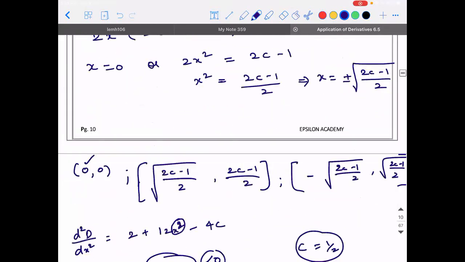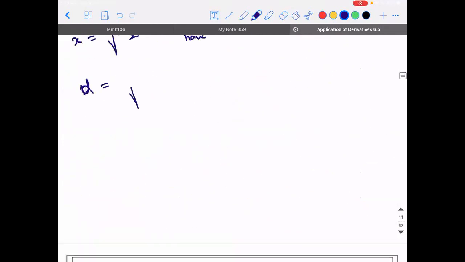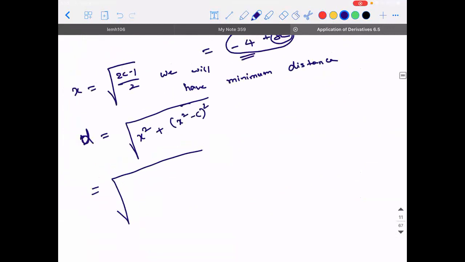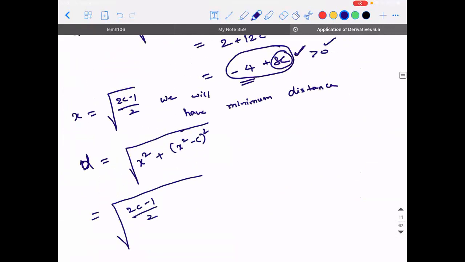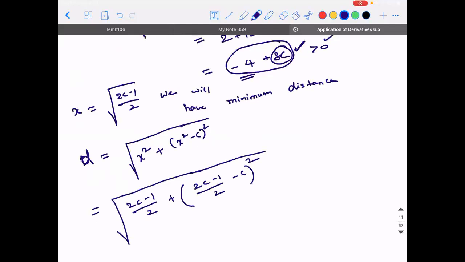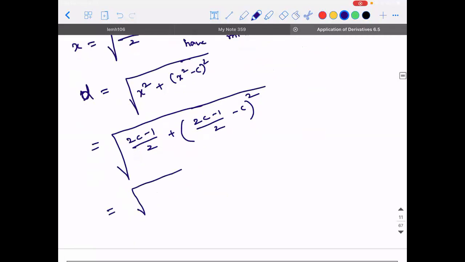So small d is equal to root of x square plus (x square minus c) the whole square. So root of, what is x square, guys? (2c minus 1)/2 plus ((2c minus 1)/2 minus c) the whole square. So square root of (2c minus 1)/2 plus (minus 1/2) the whole square.